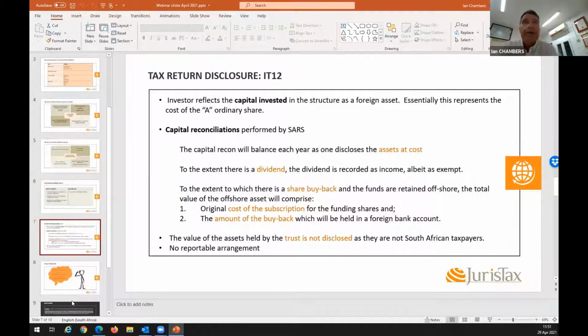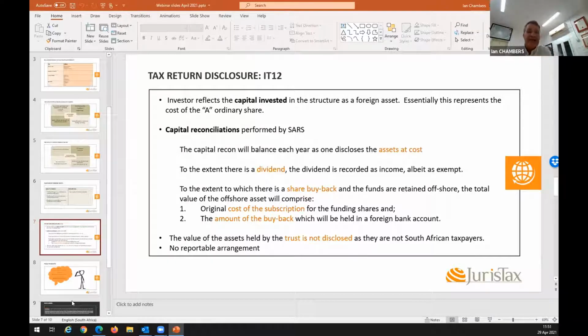Obviously, the important thing here is the disclosure that is made in the investor's IT12 return. The disclosure of assets and liabilities in South Africa is required in a tax return in certain circumstances, and there's a detailed disclosure for South African-based assets.